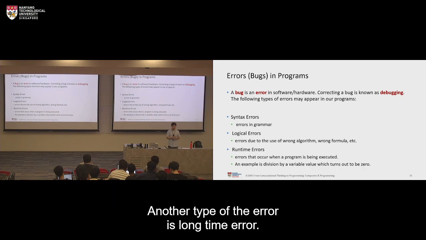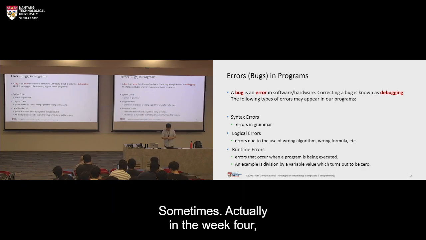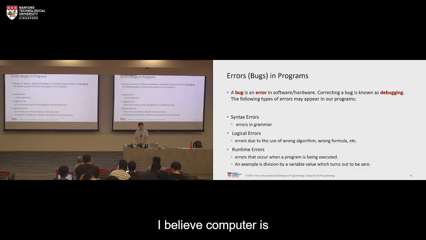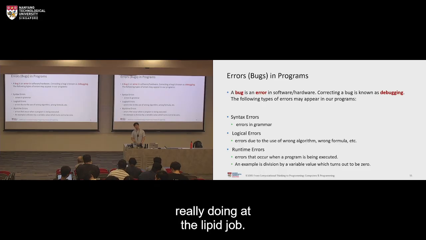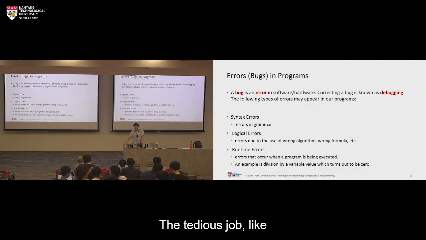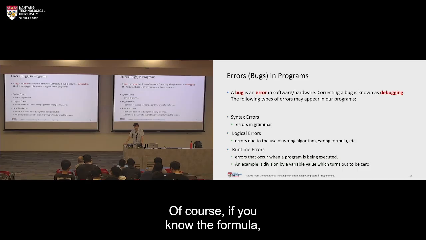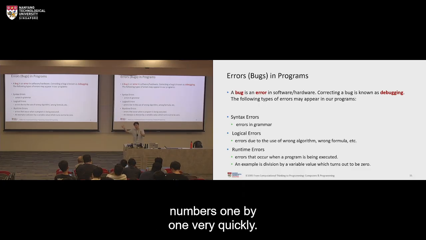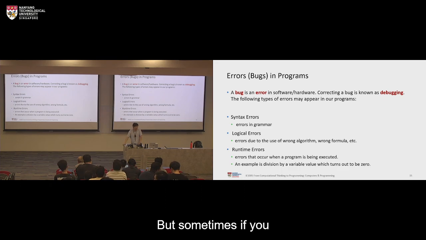Another type of error is the runtime error. In week 4, you will learn about loops. I believe the computer is really good at repetitive, tedious jobs, like adding numbers from 1 to a million. Of course, if you know the formula, you can calculate it very fast. But actually, the computer adds numbers one by one, very quickly.